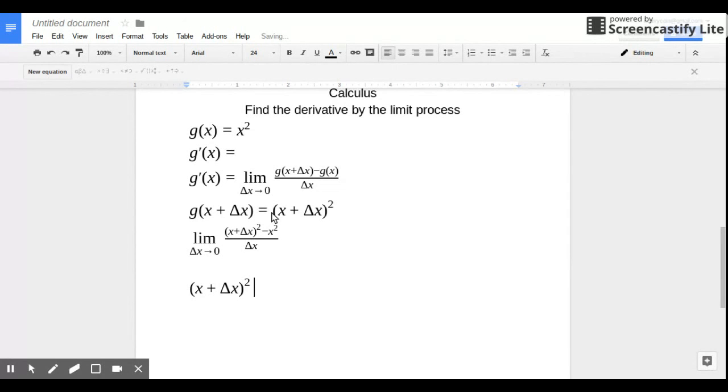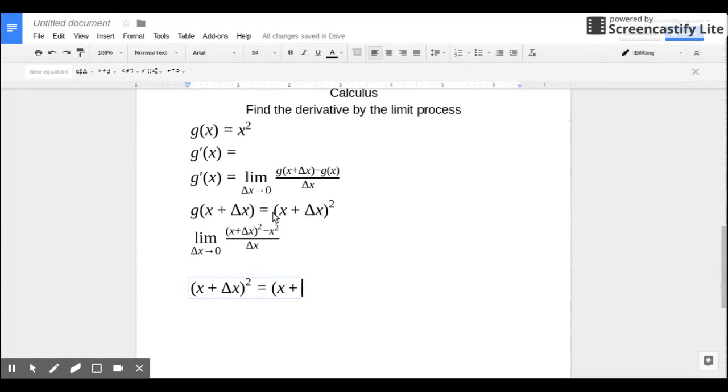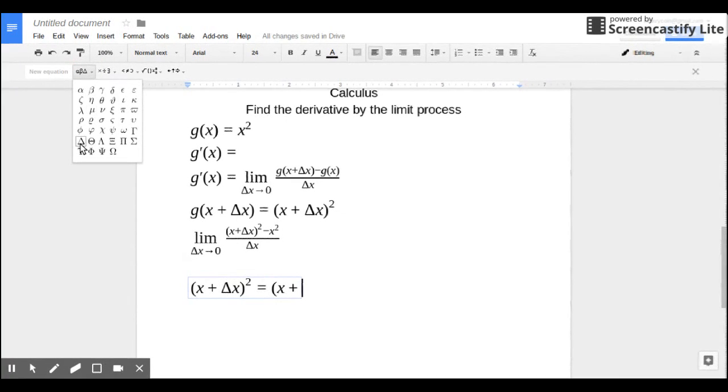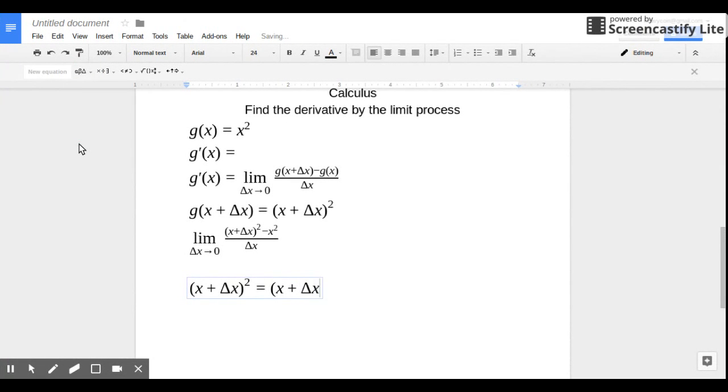All right, so this is equal to what? We have two of them. It's x plus delta x, times x plus delta x.